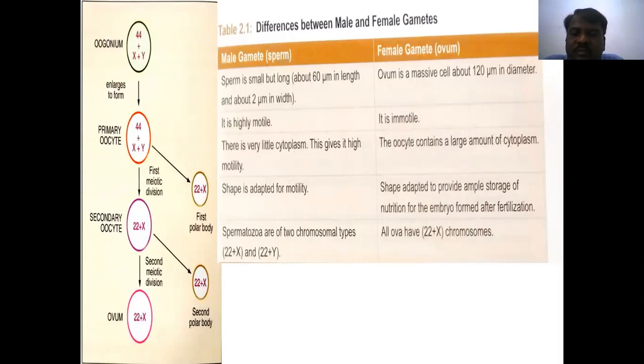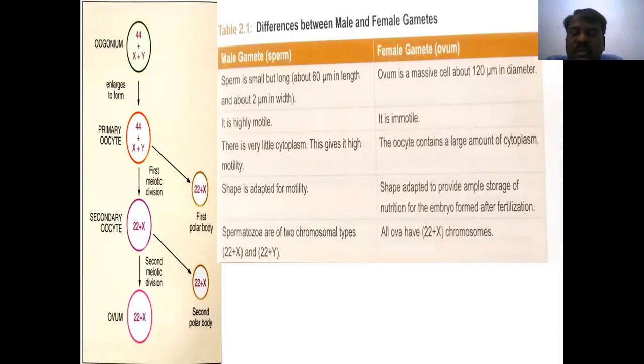At this time the first meiotic division starts, and the cell divides into 22 plus X. Secondary oocyte forms; it is large in size compared to the other cell. The first polar body forms, that is 22 plus X, and it enters the perivitelline space.